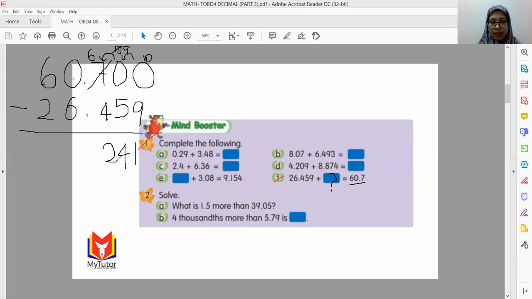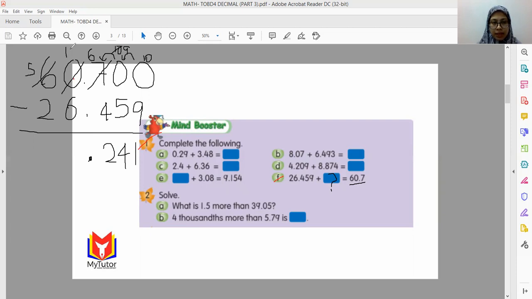Decimals follow decimals, so the decimal point goes here. Now we're going to borrow again. So 0 borrows from 6, so 6 becomes 5, giving 10 to 0.